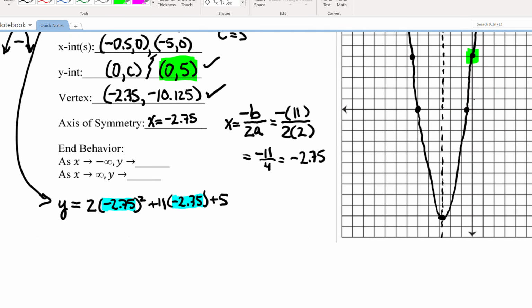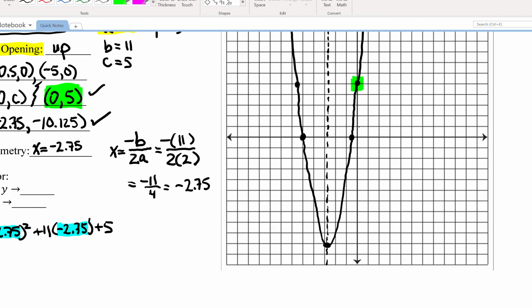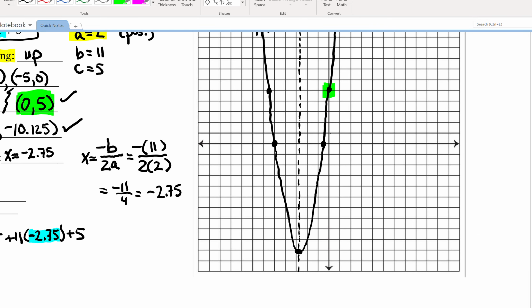Now, finally, it asks about the end behavior. As x approaches negative infinity is just a way of saying what happens on the left of this graph. Y does what? Well, as I move to the left, y is going up. So how do I write that?